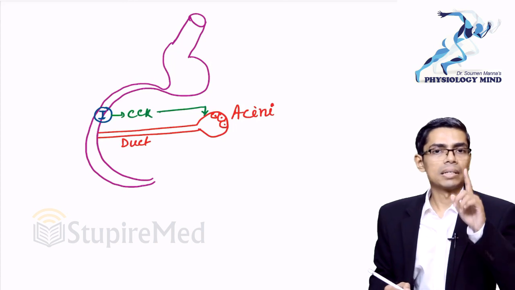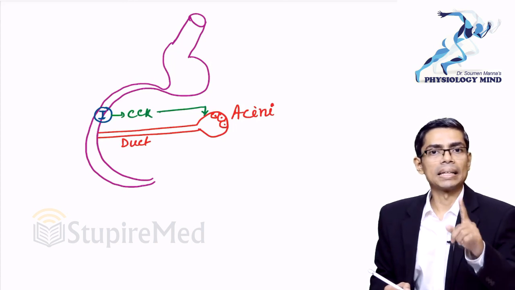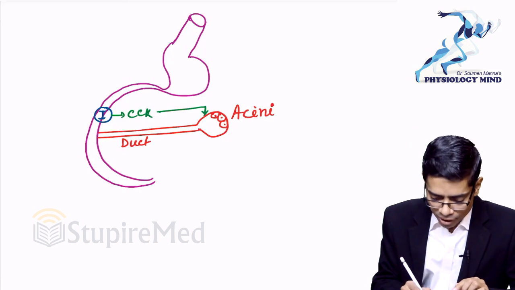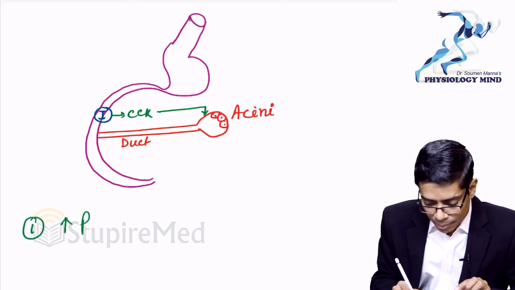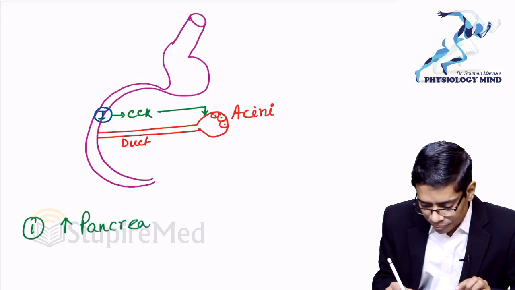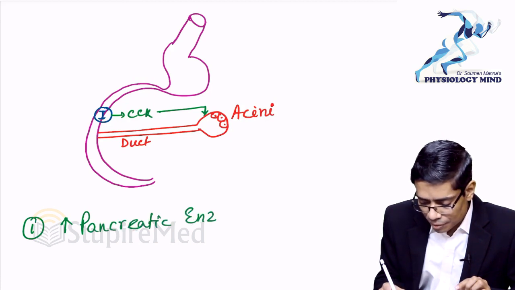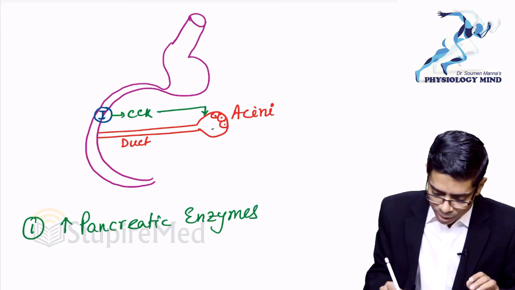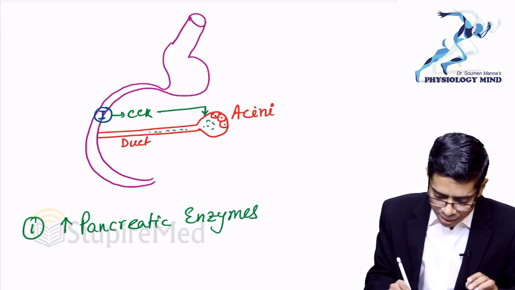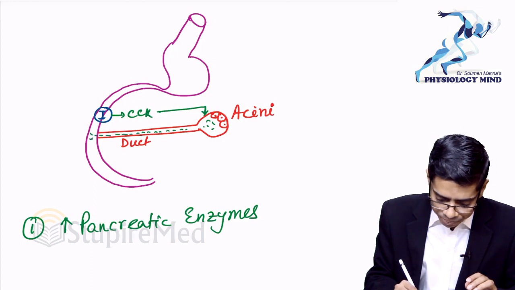That means it will secrete pancreatic enzyme. That is the main function. So number 1, CCK increases pancreatic enzyme secretion, right. So enzyme will be secreted from here, it will reach the level of the duodenum.